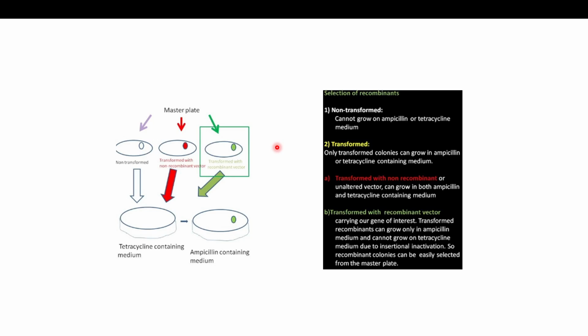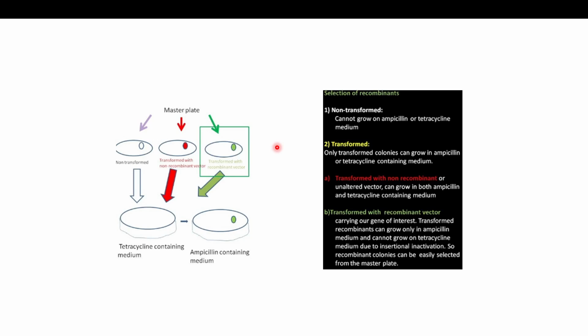coli cells didn't take up the pBR322 plasmid at all, then if we try to grow the cells on a medium containing ampicillin or tetracycline antibiotic, none of the plates will show the growth of the E. coli cells.